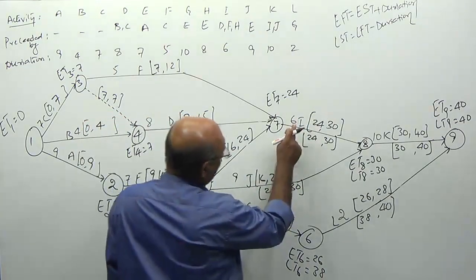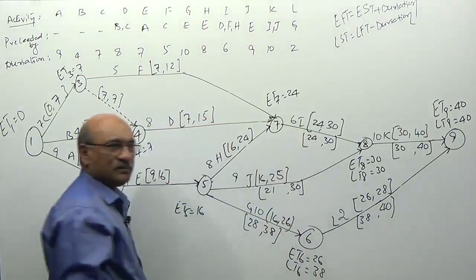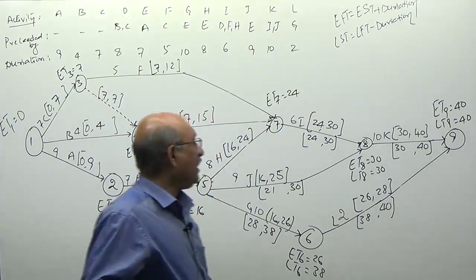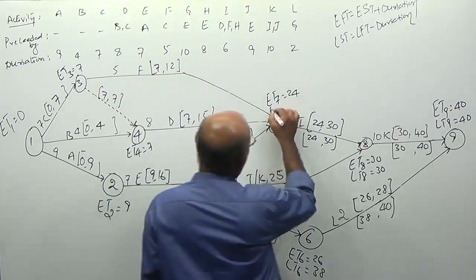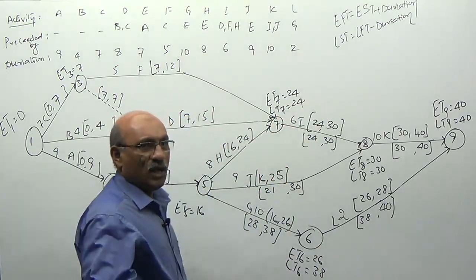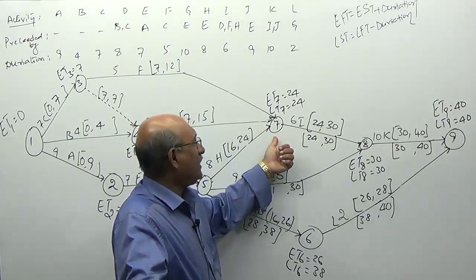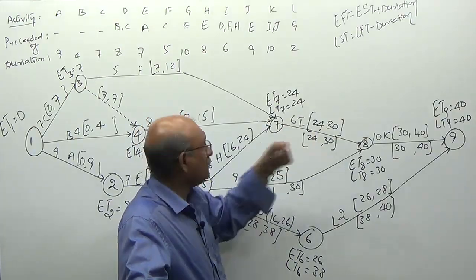Now, activity I, you have to start the latest by the 24th day. It means you have to reach node number 7 on the 24th day. Otherwise, it is not possible for us to start this on the 24th day.